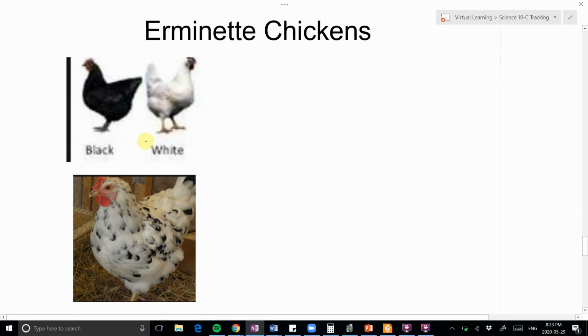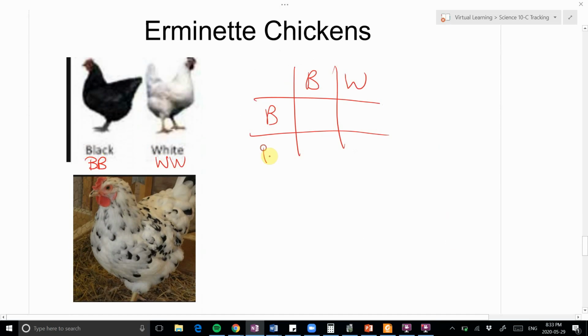So if we had a black chicken and a white chicken, so here, remember, black would be homozygous dominant and white is also homozygous dominant. And when we cross those, we see this heterozygous. And that's what we see in the offspring. We actually see the blacks and you see the whites, right? You see both showing up in the offspring.